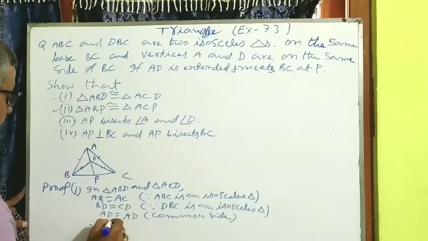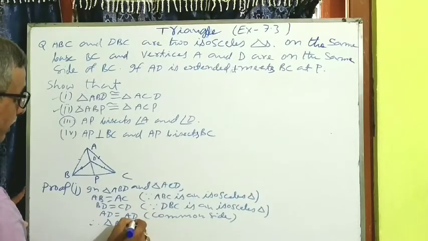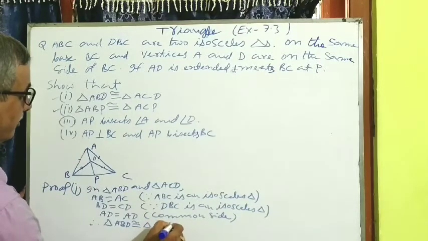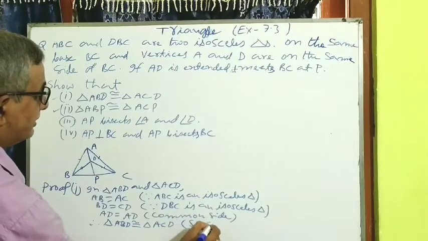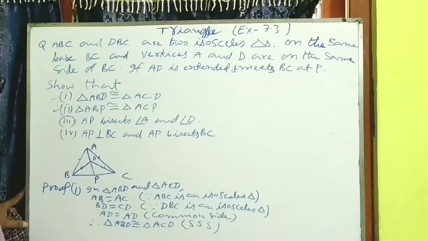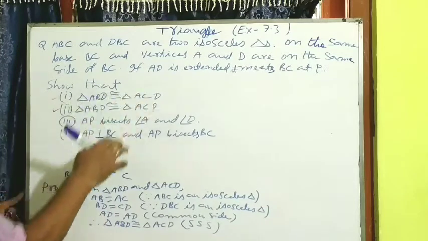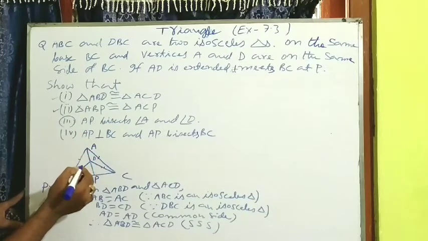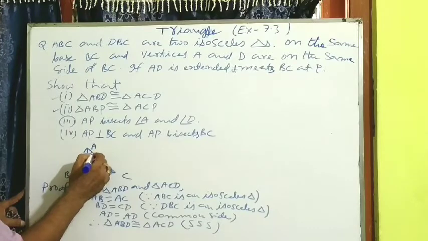Therefore, triangle ABD is congruent to triangle ACD. By what postulate? Side. Okay. Therefore, these two triangles are congruent. Proof number 1 I have already done. If these two triangles are equal, you can write angle 1 is equal to angle 2.